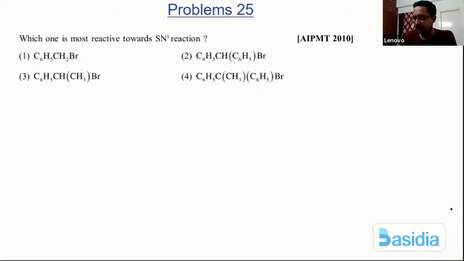Which one is the most reactive towards SN1 reaction? I think I've already given you so much detail regarding the SN1 reaction in yesterday's class itself, correct?